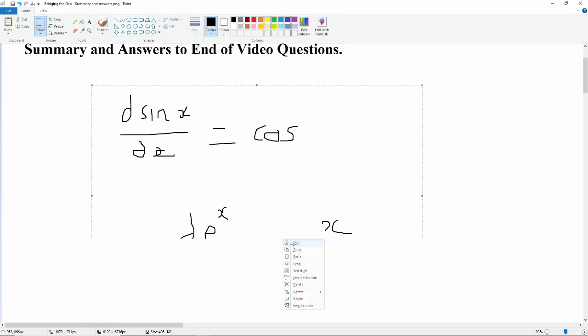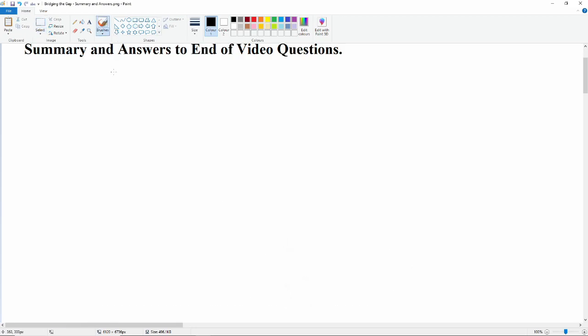And we've learned that we can go backwards, that the antiderivative is the indefinite integral. And we've learned that we can get the area under the slope by taking the definite integral.